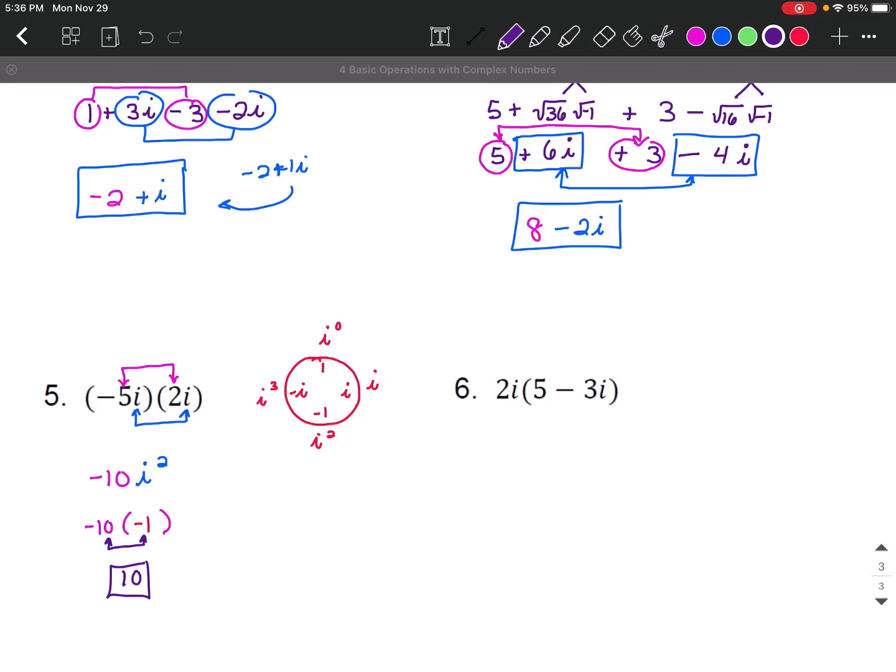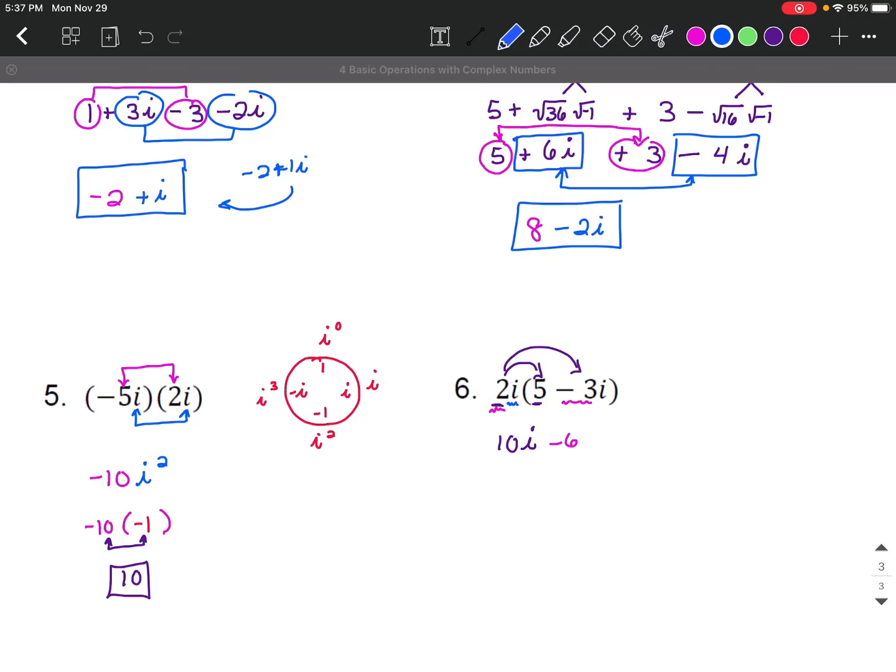So when we distribute, we have to do 2i times 5. So we do the 2 times the 5. That's 10. Keep the i. Now we're going to do 2i times negative 3i. So now 2 times negative 3 is negative 6.